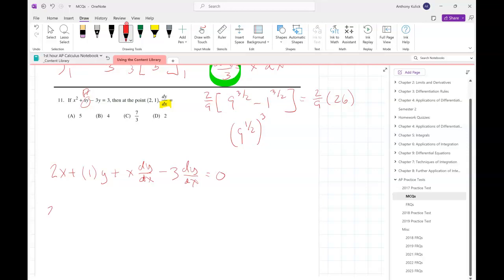At this point, I would plug in the values for x and y. At that point, I can see pretty quickly that dy dx has to be 5.